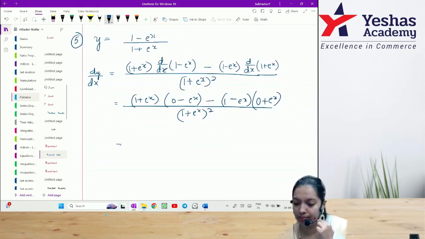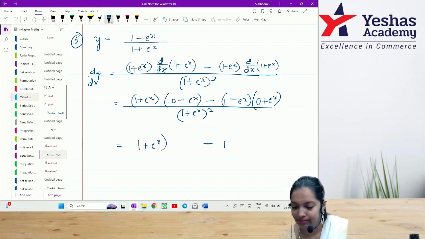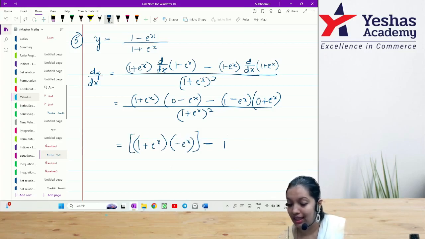Next step, look, 1 plus e power x, 0 minus e power x is minus e power x. Printing mistake. Into minus e power x. This is one term.